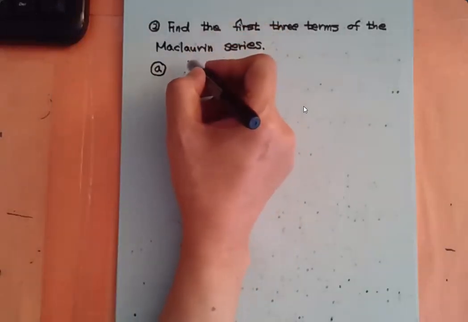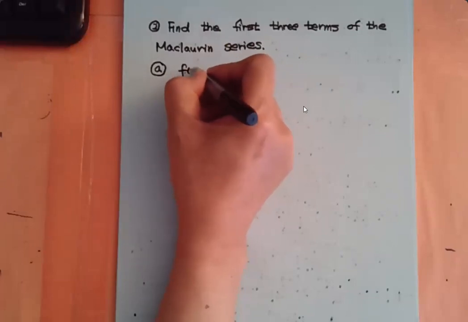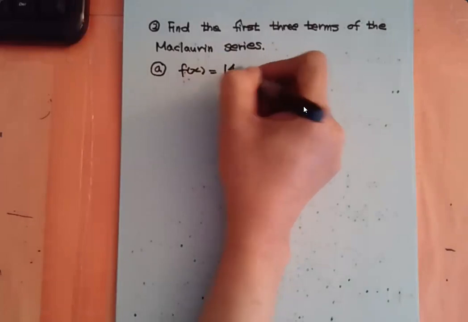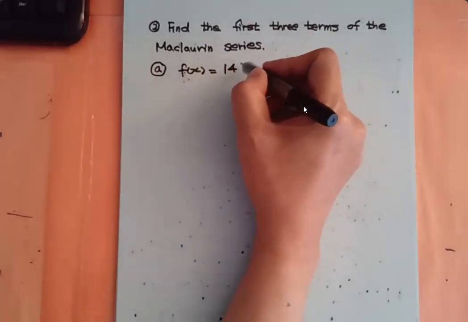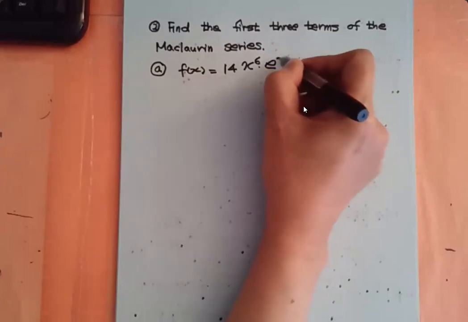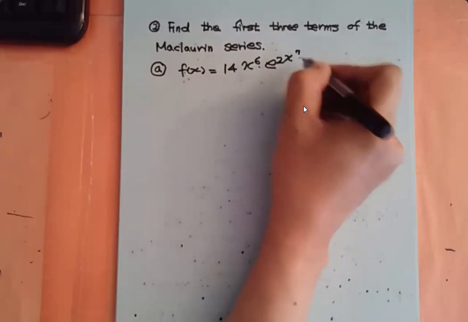The way we approach the problems will be different. So the problem is f of x equals 14 x to the 6th power e to the 2 x to the 7th power.